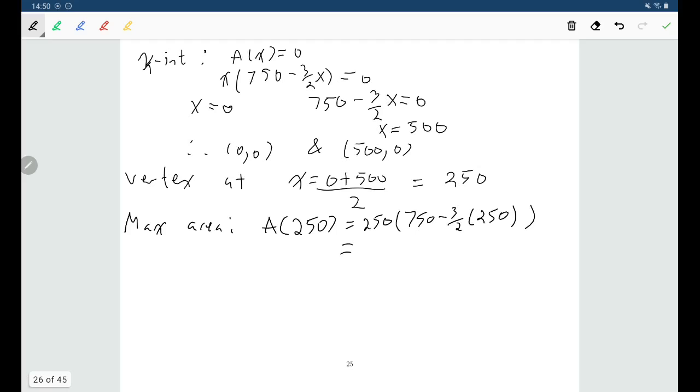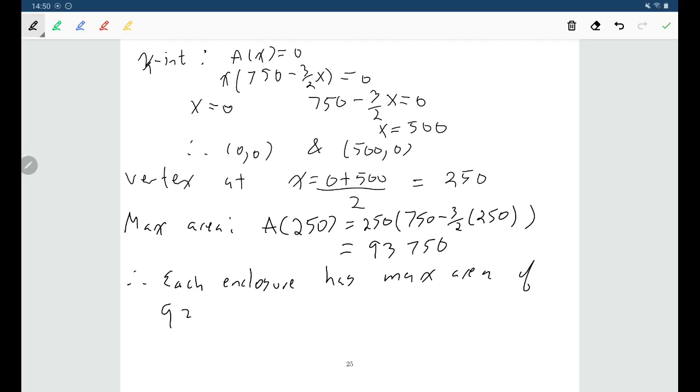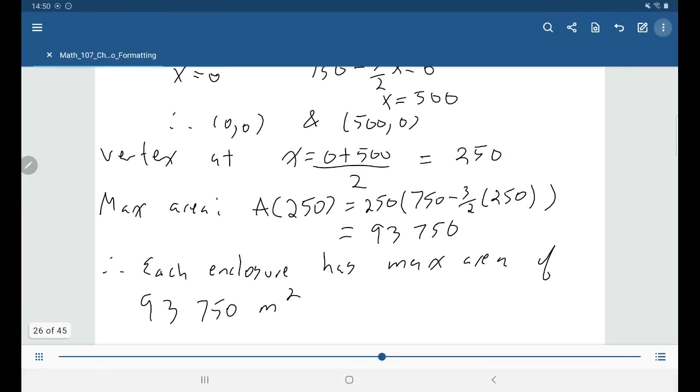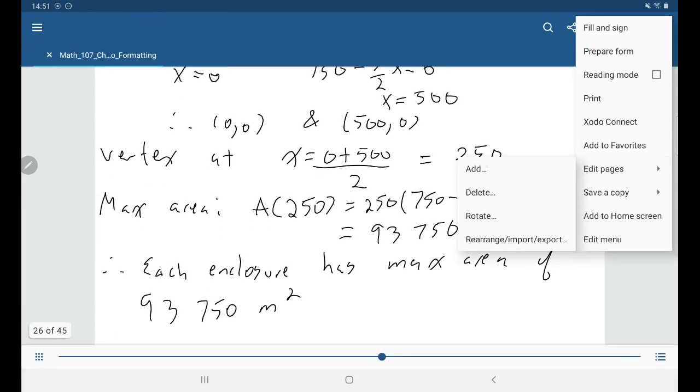And when I did that, I found 93,750. So each enclosure has a maximum area of 93,750 square meters.